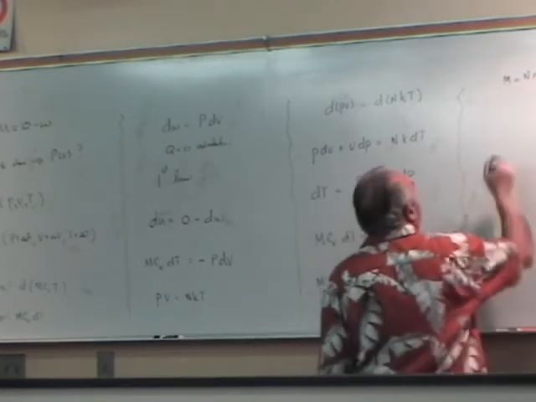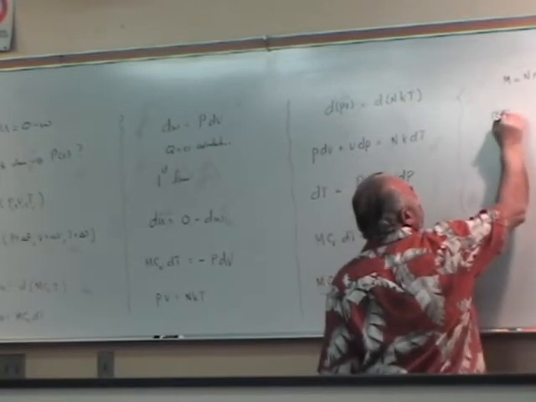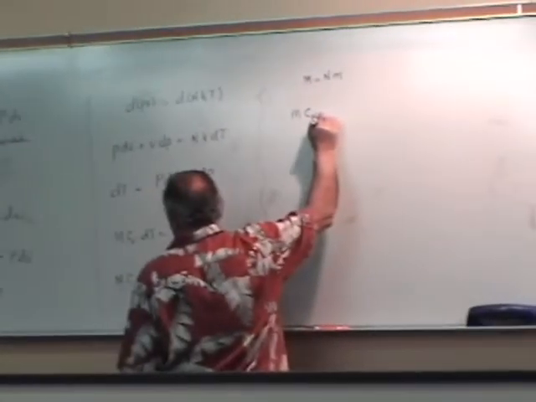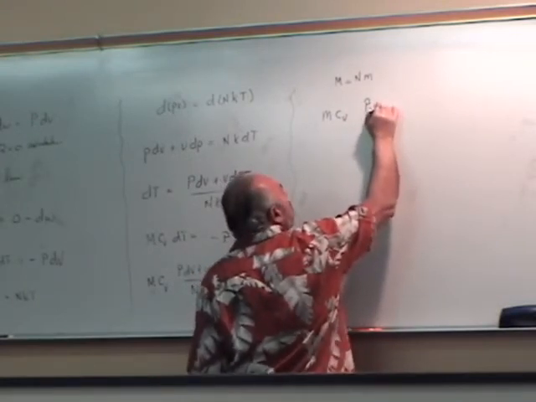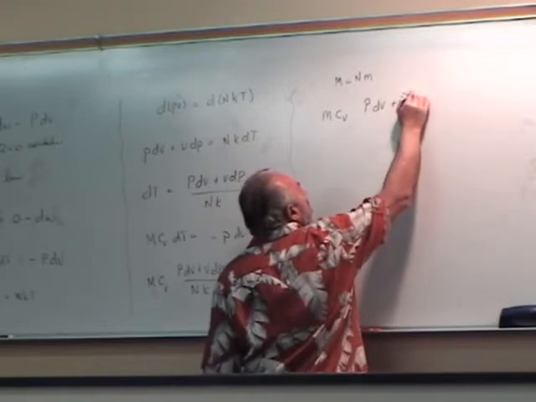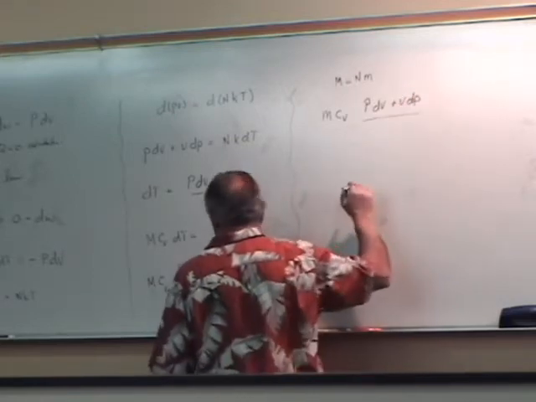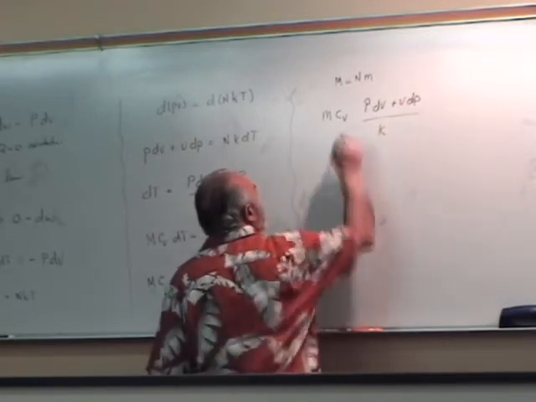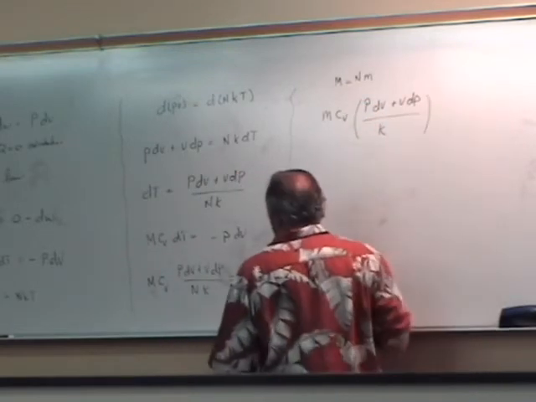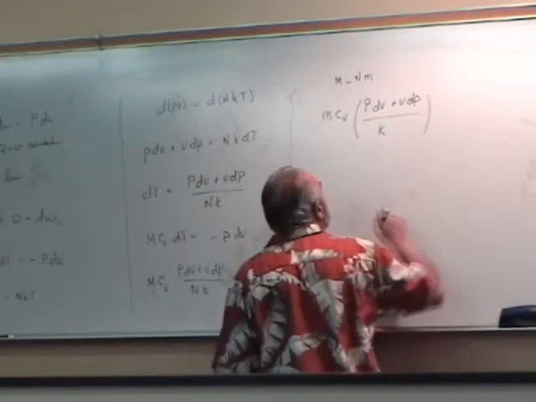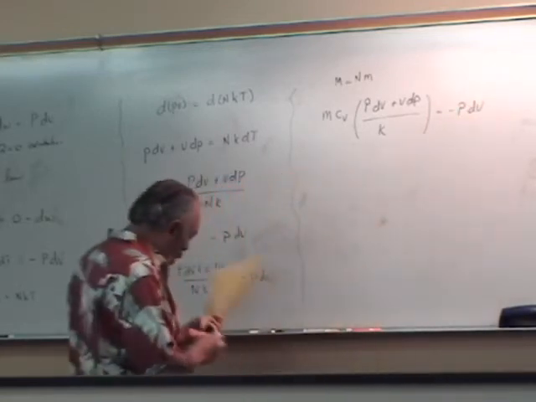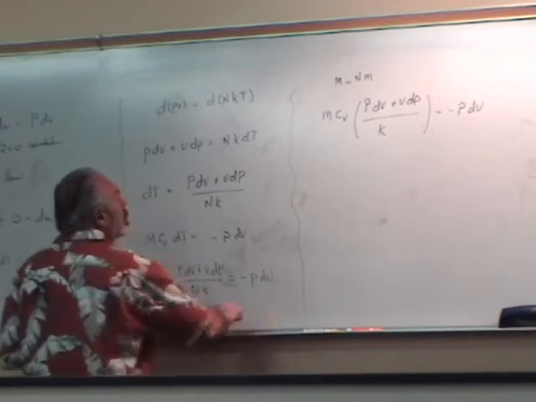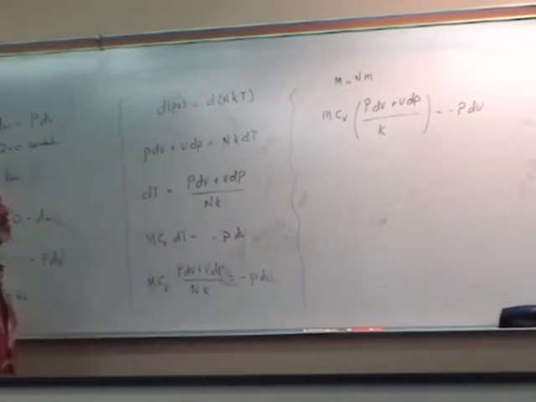When we do that, of course, m c sub v times (p dV plus V dp) divided by k equals minus p dV. And of course, we've got terms in terms of dp and dV.